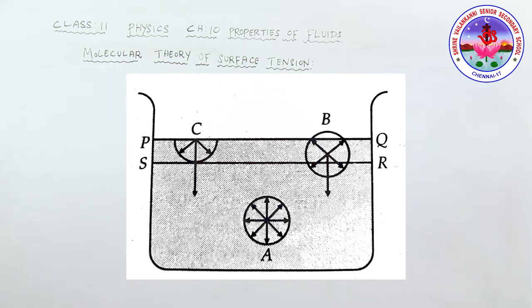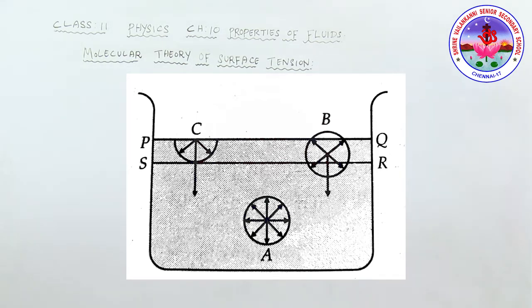Now consider the molecule B, which is lying inside the surface film. Its sphere of influence actually lies partially outside, very little coming outside. So this molecule experiences less force upward and more force in the downward direction.